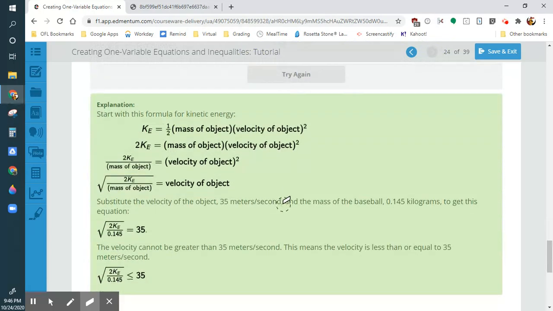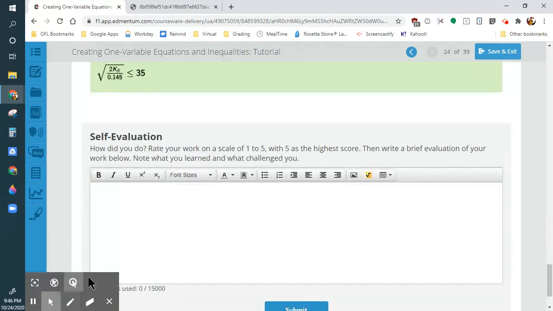All right. And self-evaluation. Inequality symbols are hard to picture with multiplication being involved.